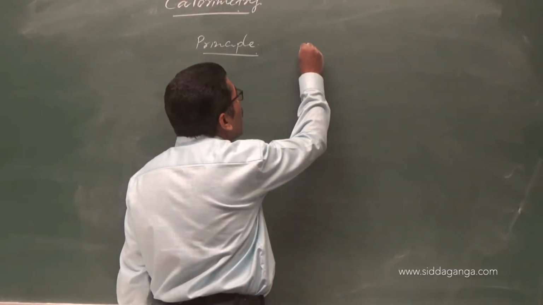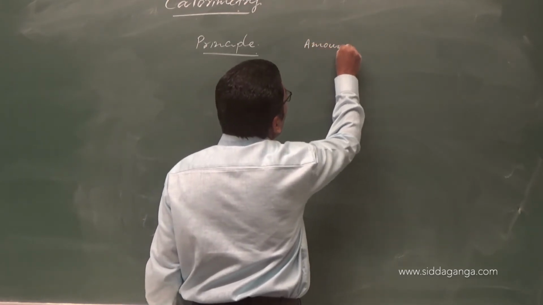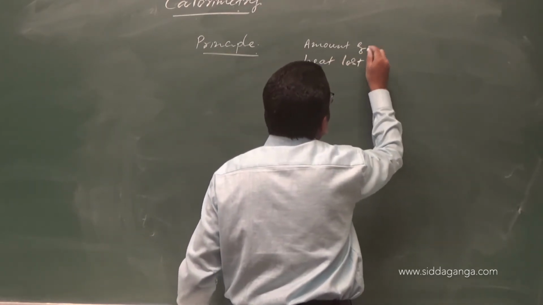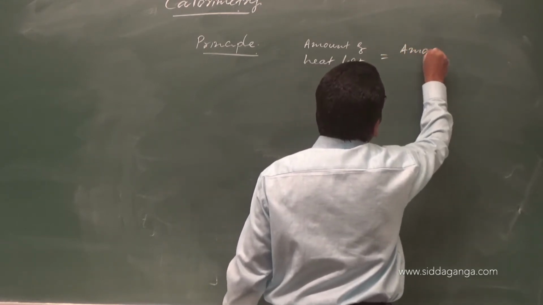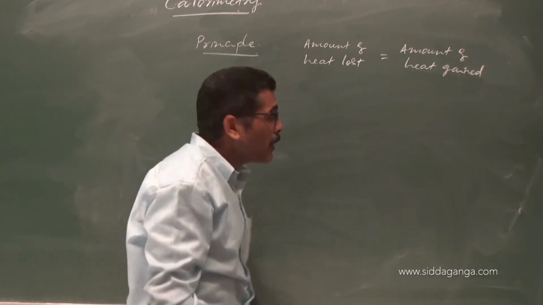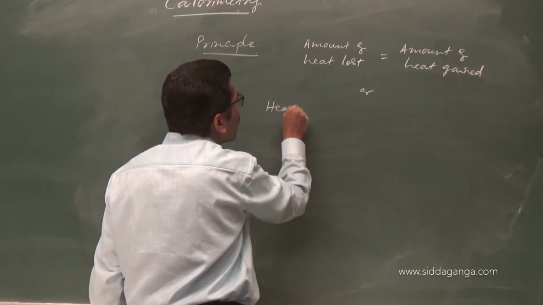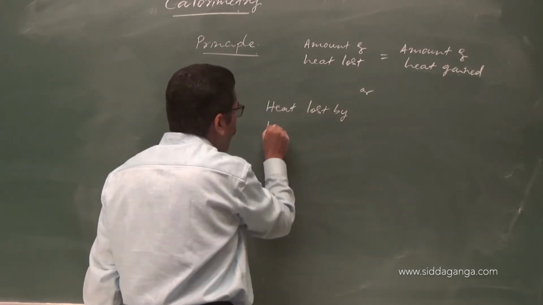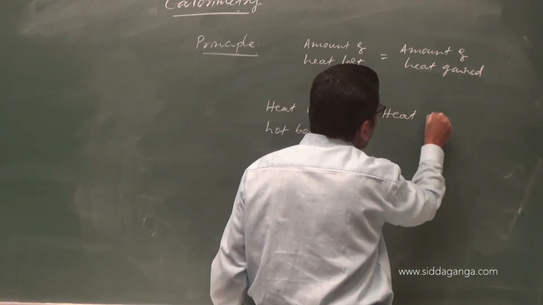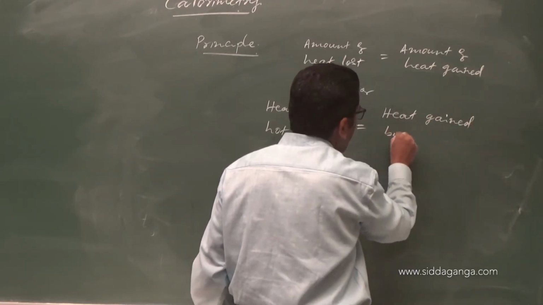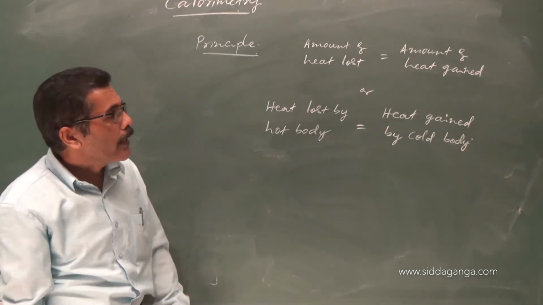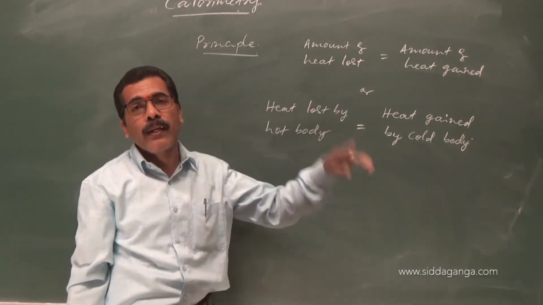In simple terms, amount of heat lost equals amount of heat gained, or heat lost by hot body is equal to heat gained by cold body.